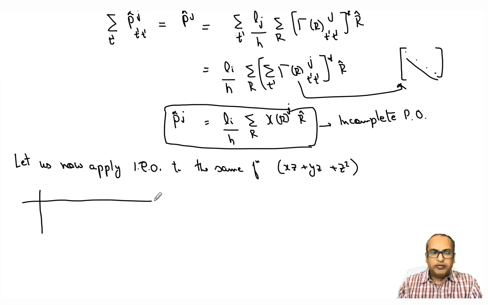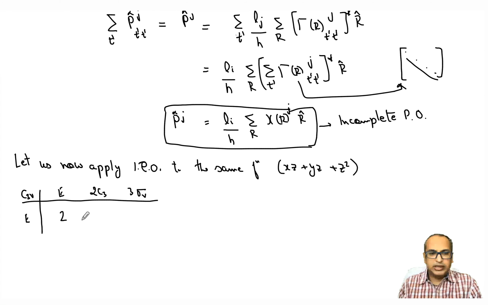We have the C3v example, E representation: E, 2C3, 3 sigma v, right? Even though we are writing the traces like this. So it was 2, minus 1, 0. I hope this is correct. Yes.